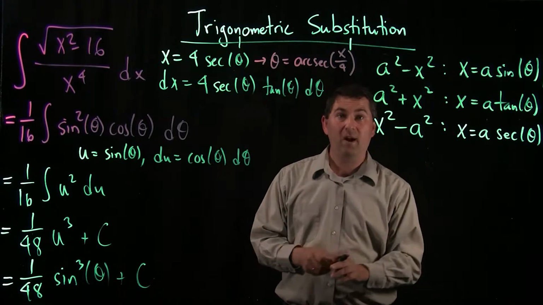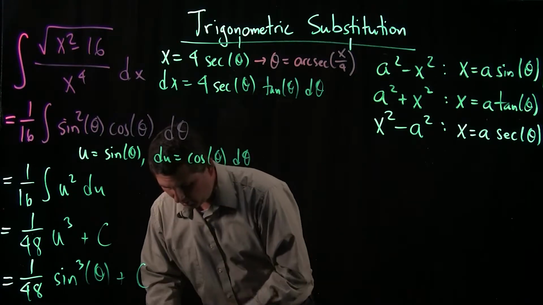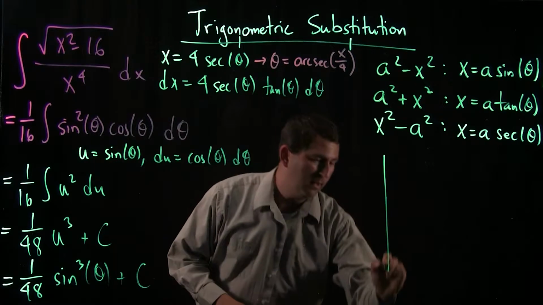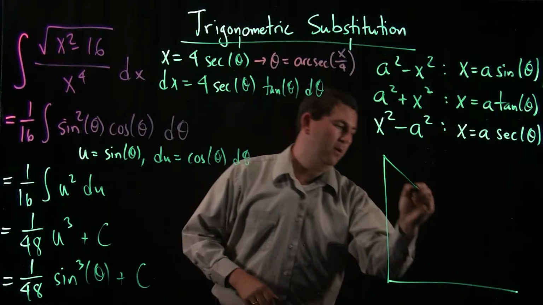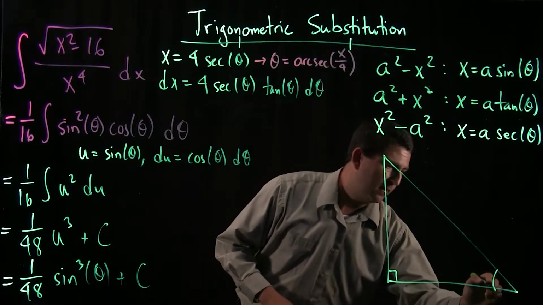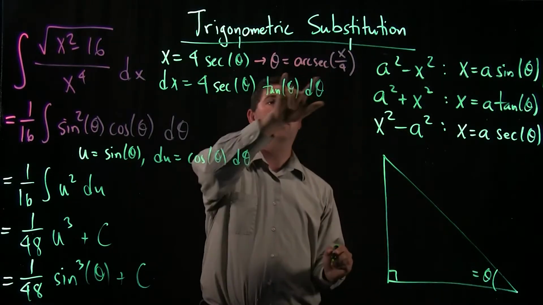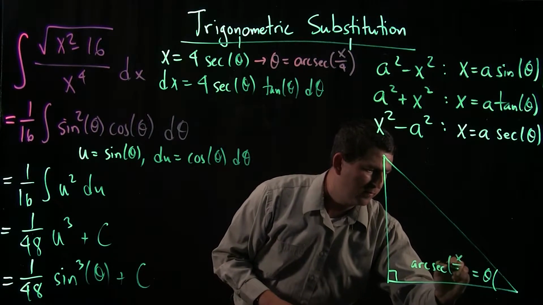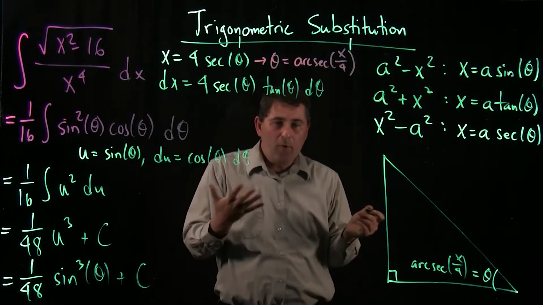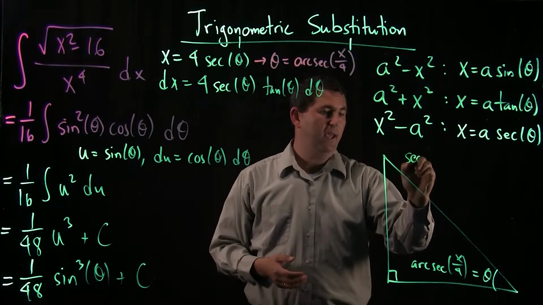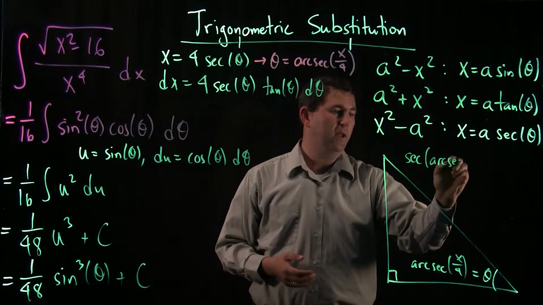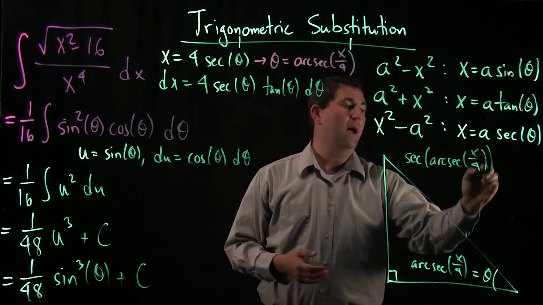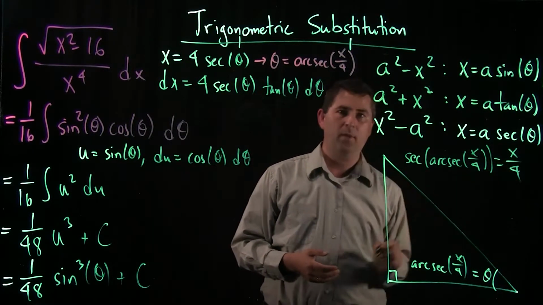We're just going to draw our right triangle again. So let's do it. Here's our right triangle. There's our theta, and theta equaled arc secant of x over 4. As before, we know if I take the secant of the arc secant of x over 4, I get x over 4.